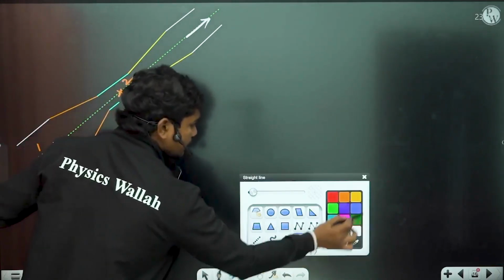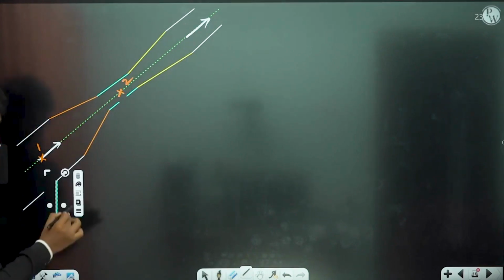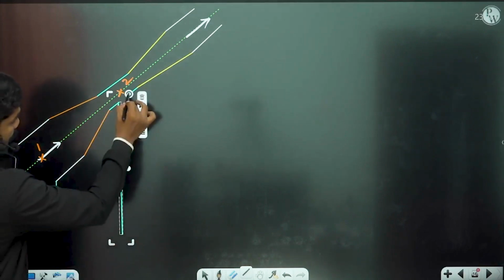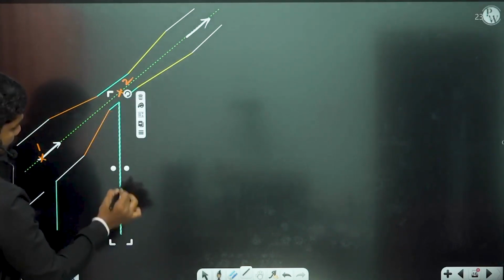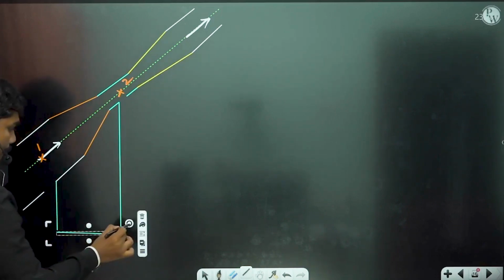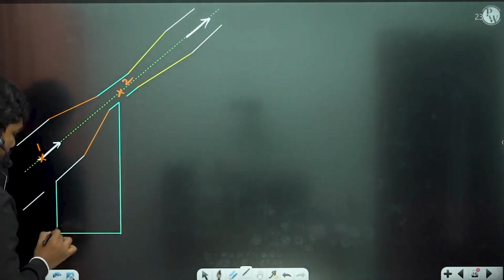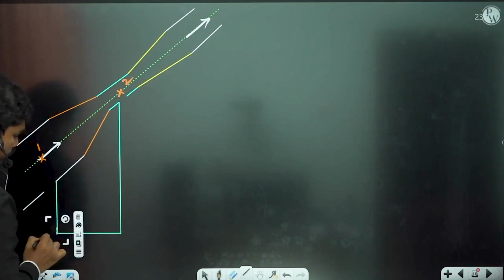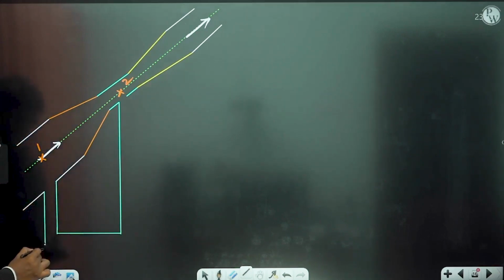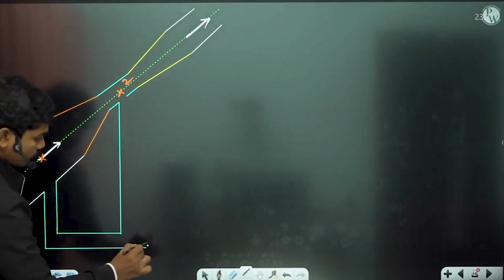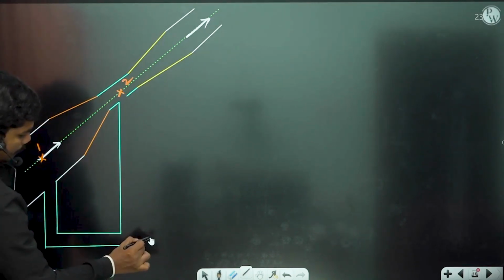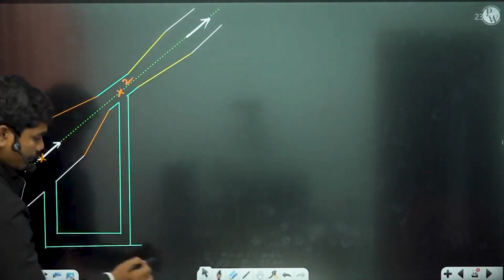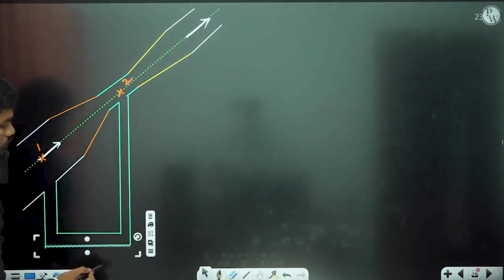So let us connect a manometer. Similarly, let us suppose you have one more limb of the manometer. Fine. So let us suppose this is the manometer.